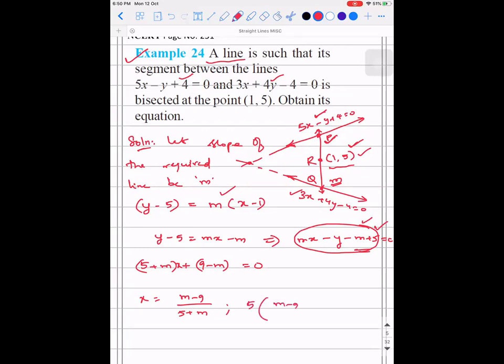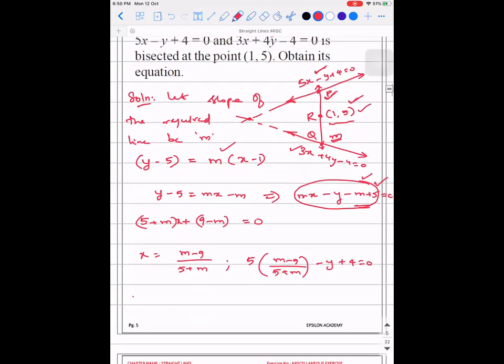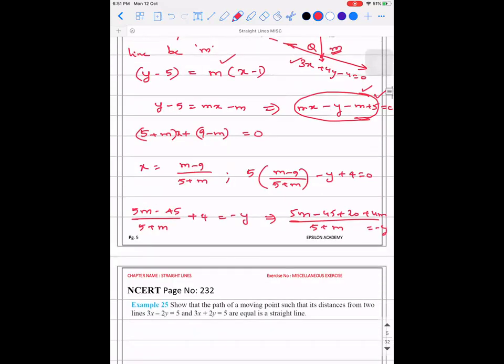Five into x, that is m minus 9 divided by 5 plus m, minus y plus 4 is equal to 0. Now can you get it? Now can you tell me what is the value of y?